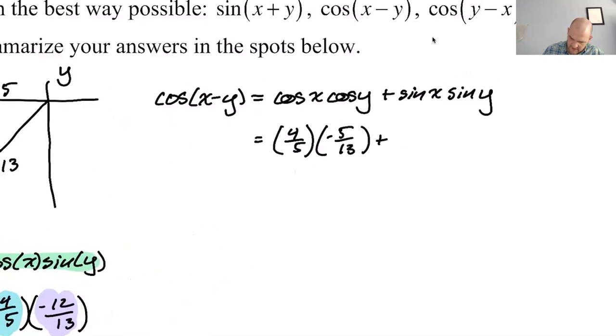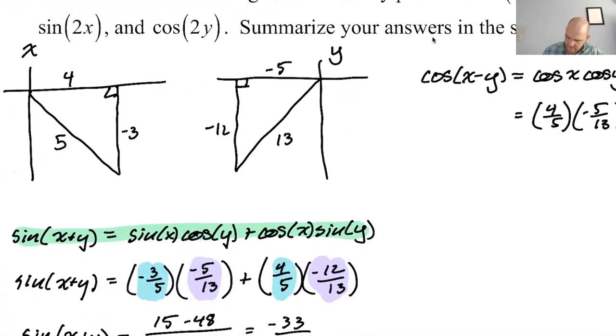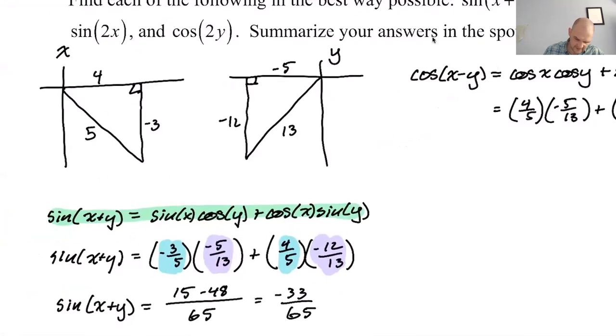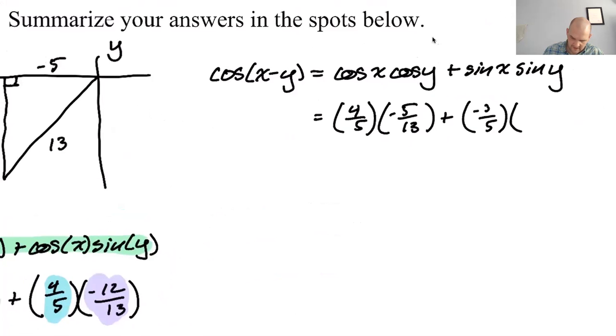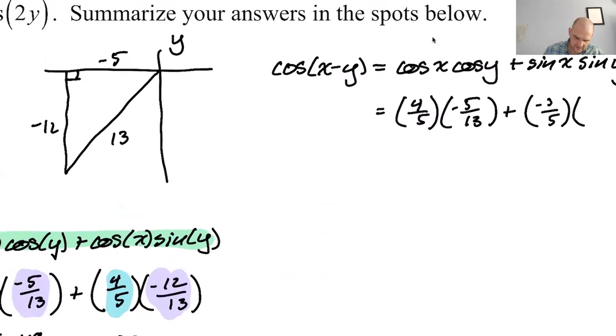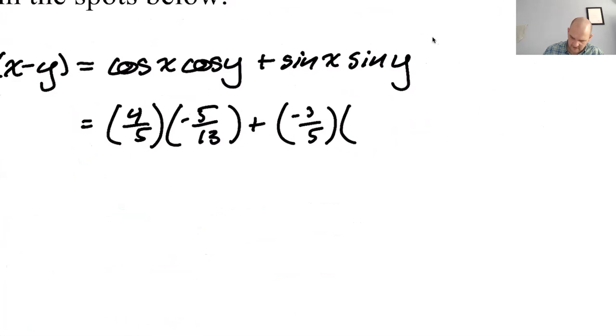Then it's plus the sine of y. Sine of what? Sine of x. Yeah, sine of x is negative 3/5. And then the sine of y is going to be negative 12/13. So it's all substitution at this point, and you just want to make sure you don't mess that up.